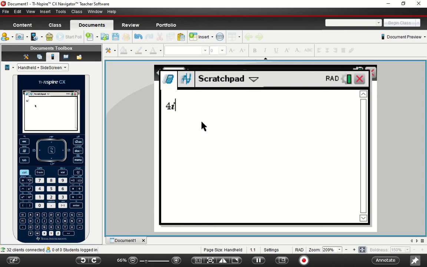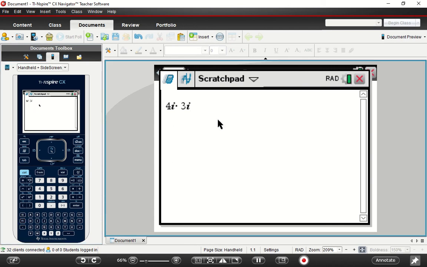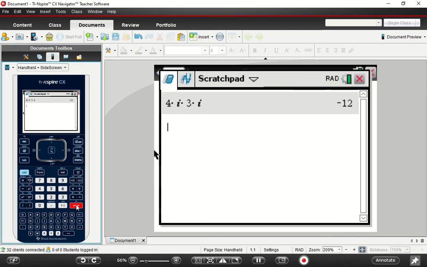i times 3i. Press the pi button. It's on the bottom left-hand corner, and it brings up a little menu, and there's your i.